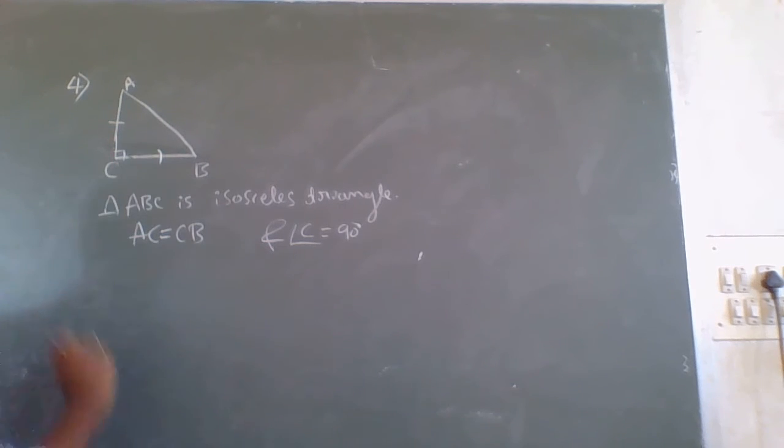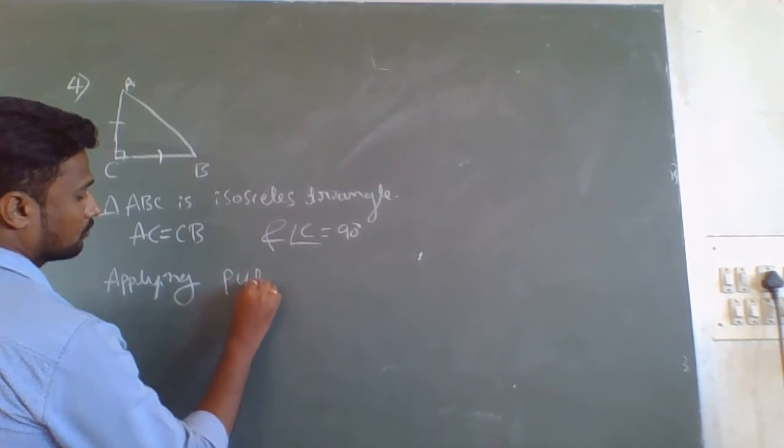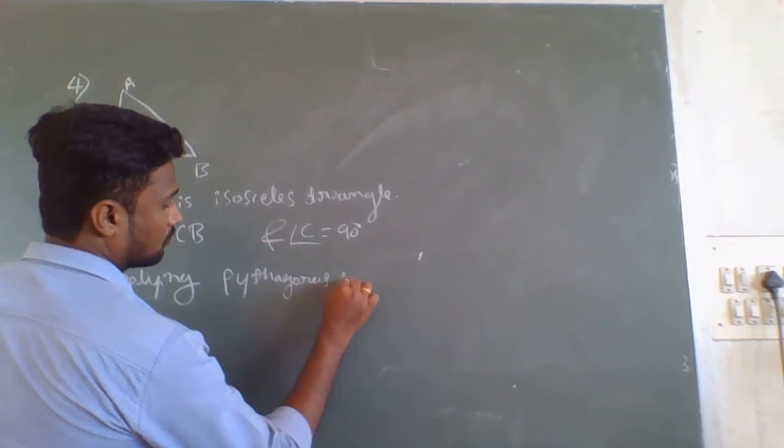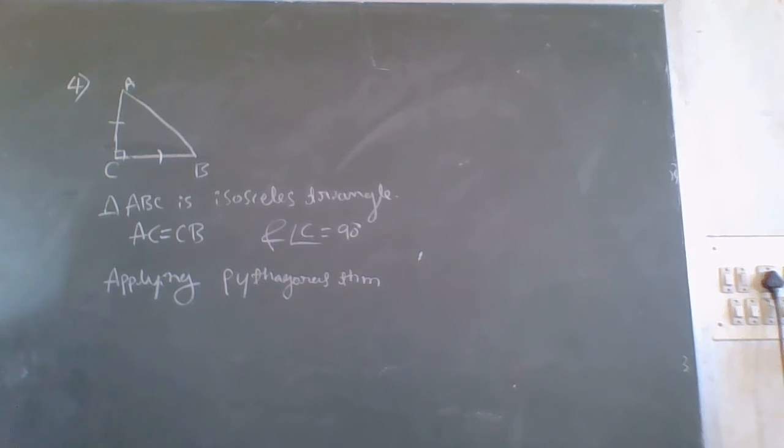These two sides are equal, and here we have to apply Pythagoras theorem. Applying Pythagoras theorem. So here, what we should write here?